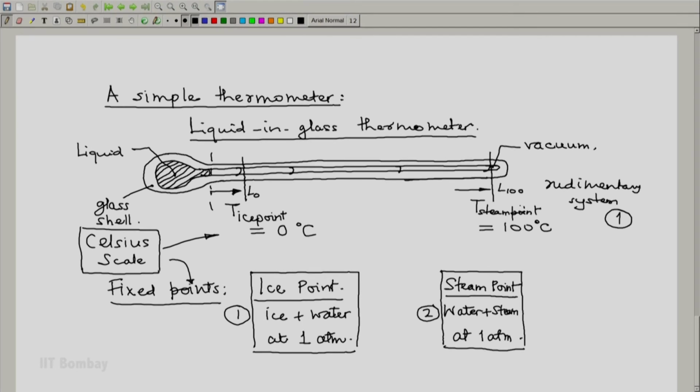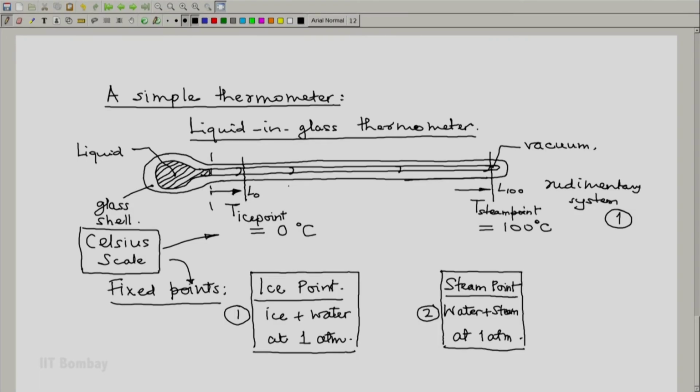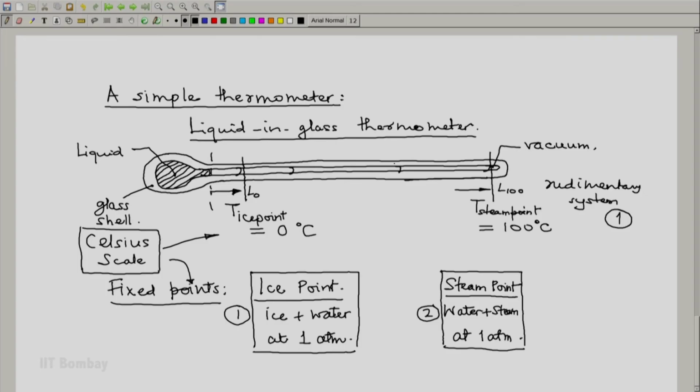Using standardized systems such as the ice point system and the steam point system. And then suppose you have to measure the temperature of some other system, say I have to measure my temperature, then what shall I do? I will bring this thermometer in contact with myself.